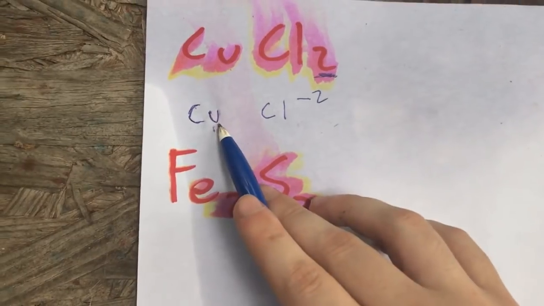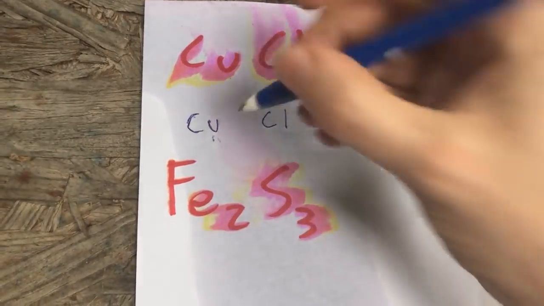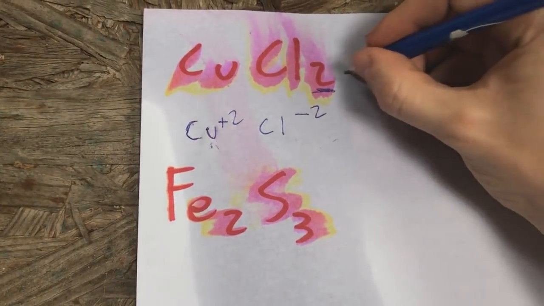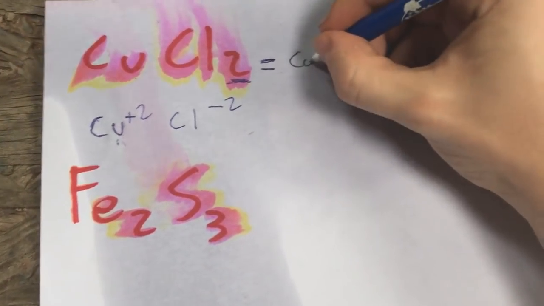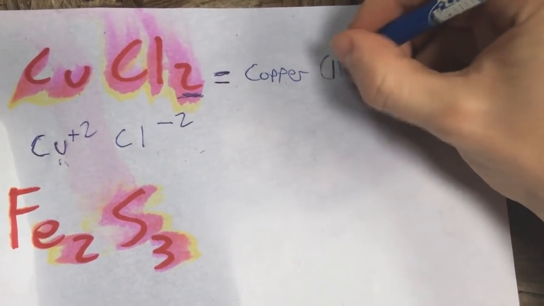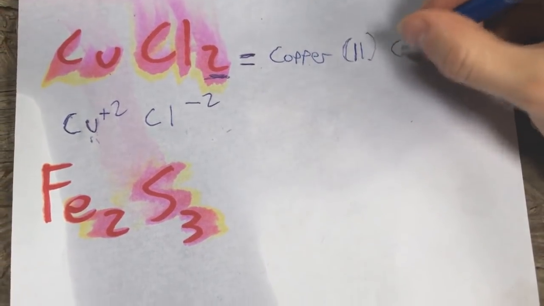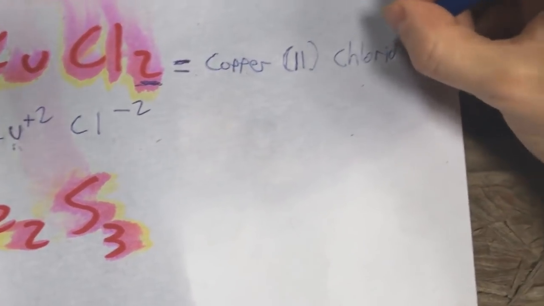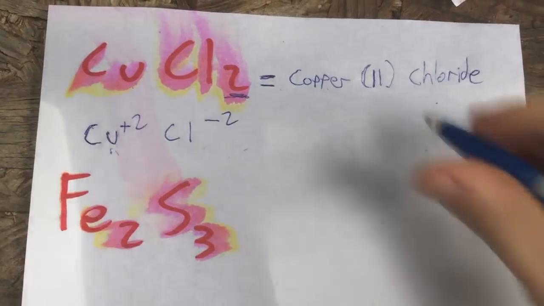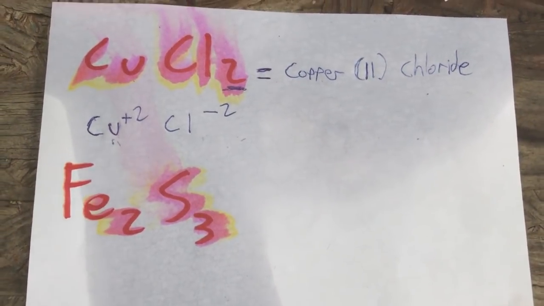So the only charge this could possibly have must be +2. So the name for this one would be copper, Roman numeral 2, chloride. And again, remember, ionic compounds don't use prefixes, so I'm not going to call that dichloride or something.